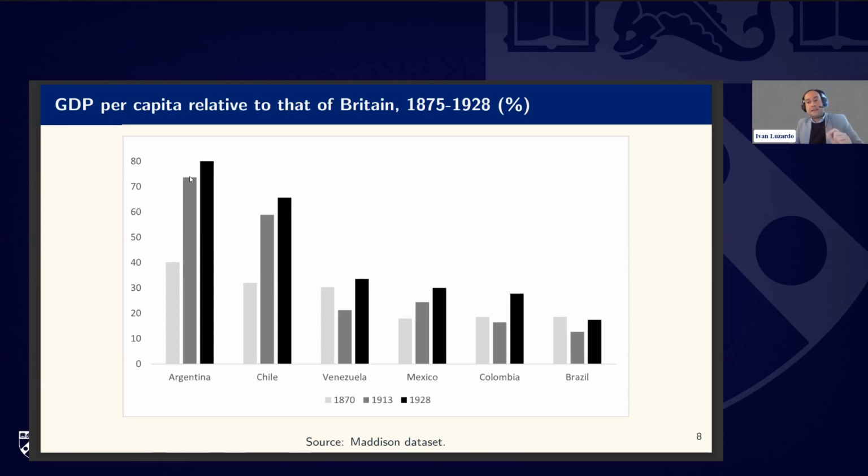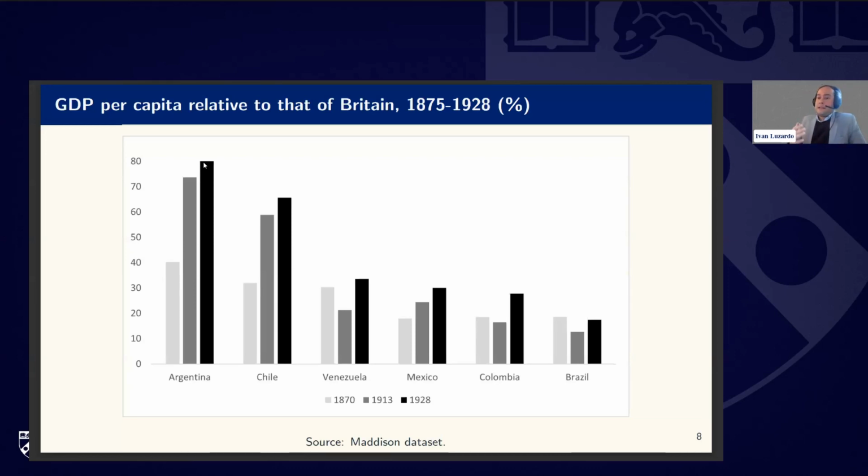But that didn't stop there. We see an additional relative gain, and in 1928, one year before the Great Depression, Argentina's relative GDP was around 80% of that of Britain. So this is a really good example of economic convergence.